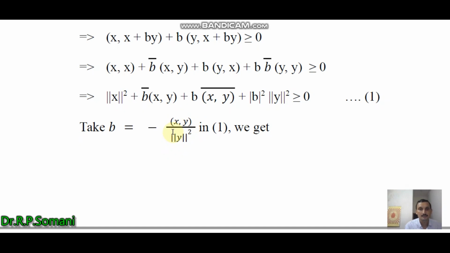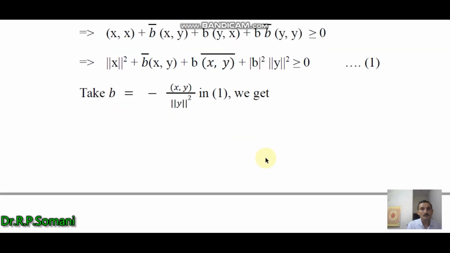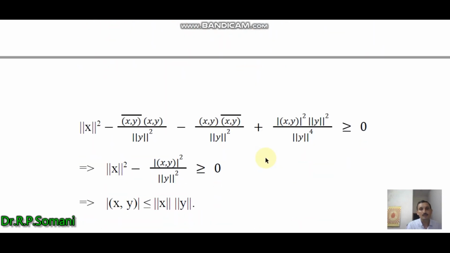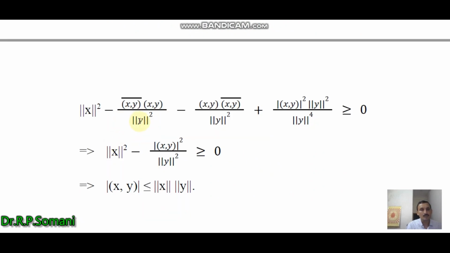We put this value in equation 1, then we obtain norm of x square minus the inner product x, y bar times the inner product x, y upon norm y square, minus the inner product x, y bar upon norm y square, plus modulus of the inner product x, y whole square upon norm y square, greater than or equal to 0.